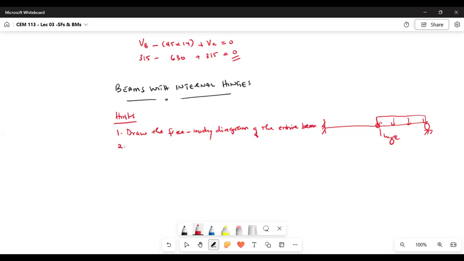Number two, separate the beam segments into other parts at the internal hinges.